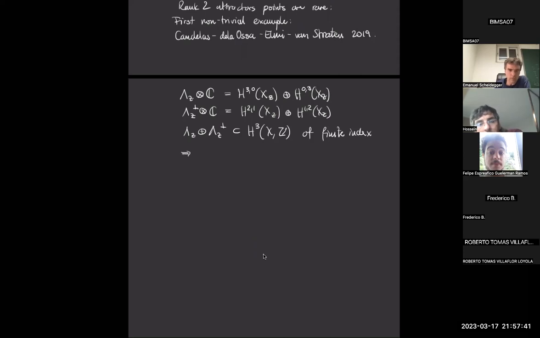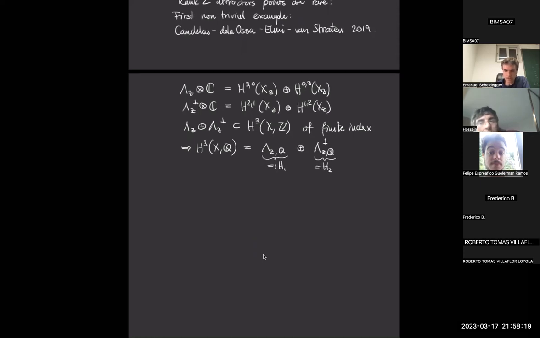So therefore, we conclude that if we look at the rational cohomology, it splits into the lattice tensored by Q plus the orthogonal lattice tensored by Q. Let me call this H1, and this is H2.